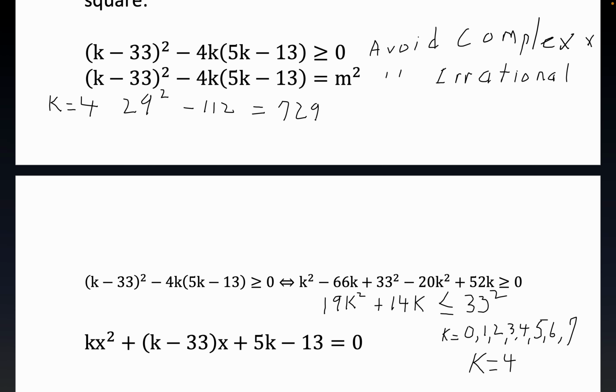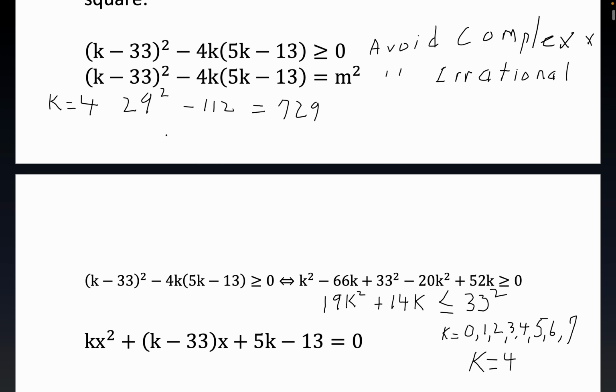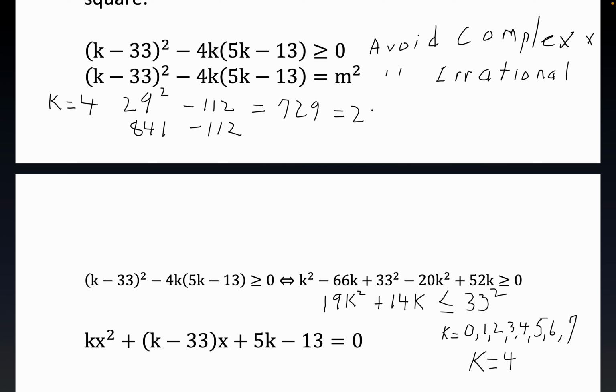I'm looking at where I wrote this down on my paper here. Yes, this is equal to 841 right here, minus 112, and then that's 729. And what is that? That's equal to 27 squared, see?